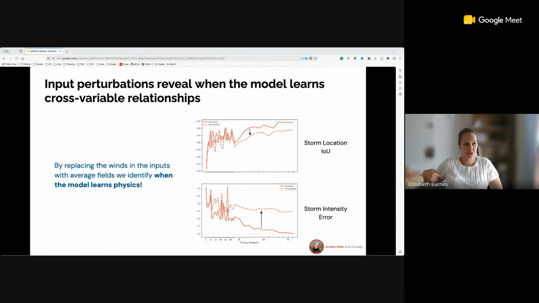The second that occurs, the model has linked those two variables together and may actually be learning physics. So by replacing the winds in the inputs with the average fields, we can identify when the model learns the physics relating, say, the winds and the temperatures together.